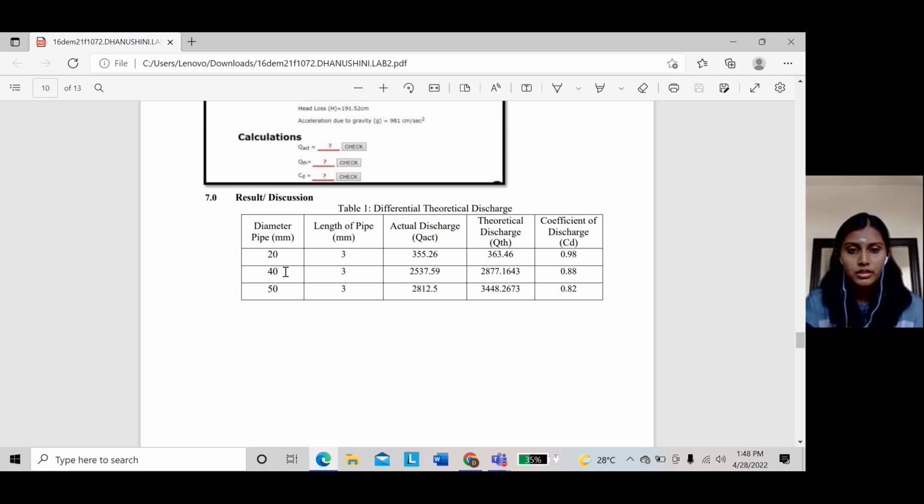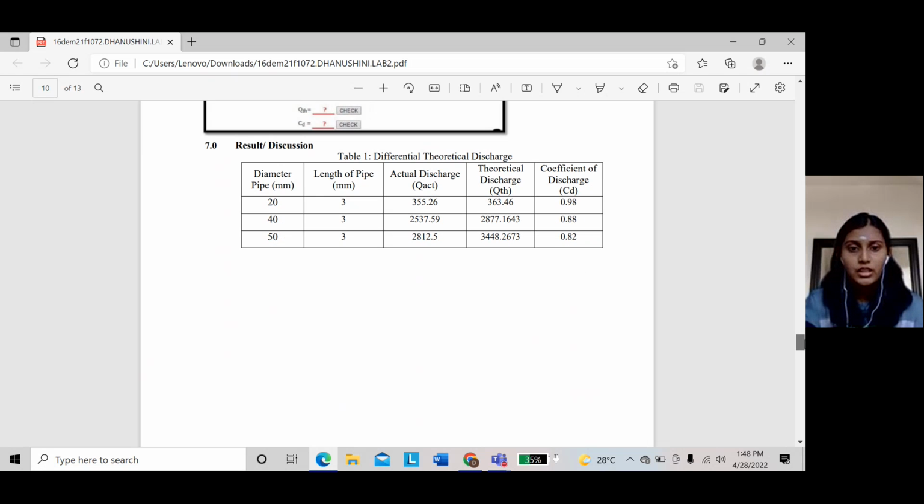For 40 millimeter, I get 2537.59 for actual discharge, 2877.164 for theoretical discharge, and 0.88 for coefficient of discharge. For 50 mm, actual discharge is 2812.5, theoretical discharge is 3448.2673, and coefficient of discharge is 0.82.